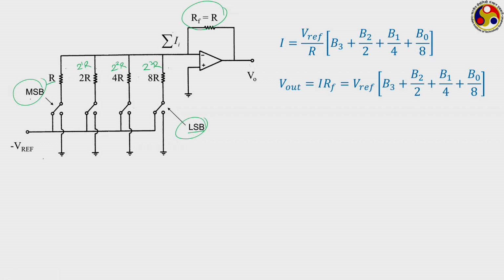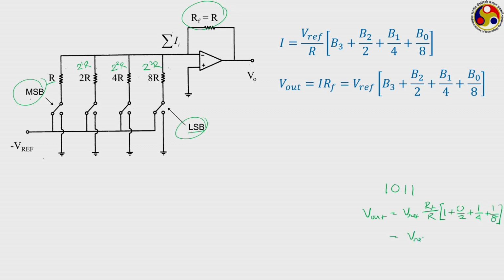So, say we are dealing with a situation where the binary input is 1011, then how much will be your output voltage? Your output voltage will be equal to V ref into RF upon R into 1 corresponding to B3, plus 0 corresponding to B2, plus 1 corresponding to B1, plus 1 corresponding to B0.